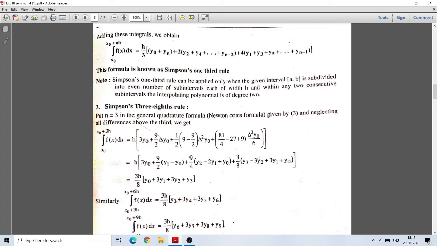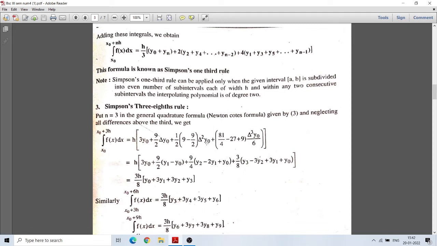Now simplify here. h as it is, 3y0 as it is, 9 by 2 as it is, delta y0 is y1 minus y0. For delta square y0, simplify: 9 minus 9 by 2, take the LCM 2, it is 18 minus 9, that is 9, then 9 by 4, times y2 minus 2y1 plus y0.